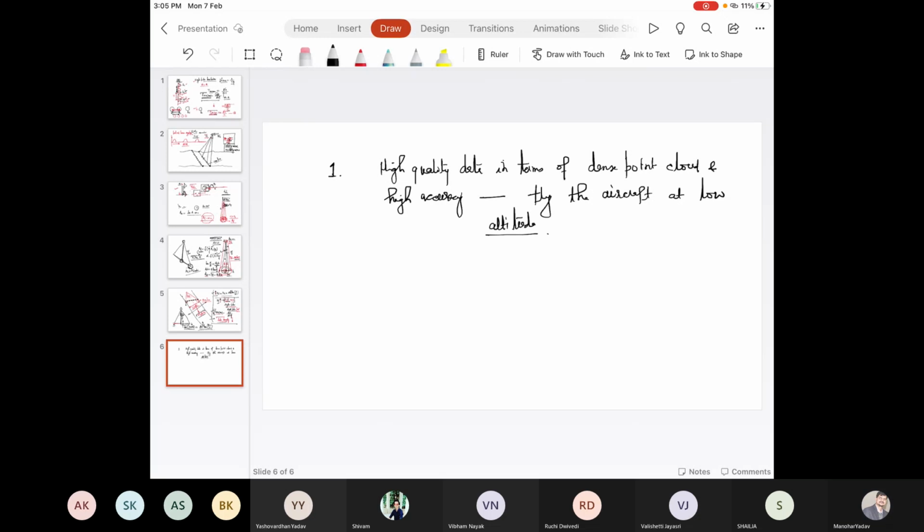Okay. And the second one, for cost effective data acquisition, cost effective in terms of low cost. Okay.